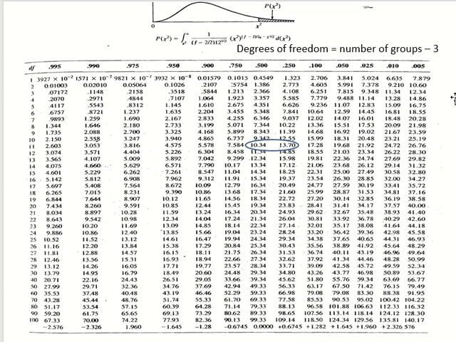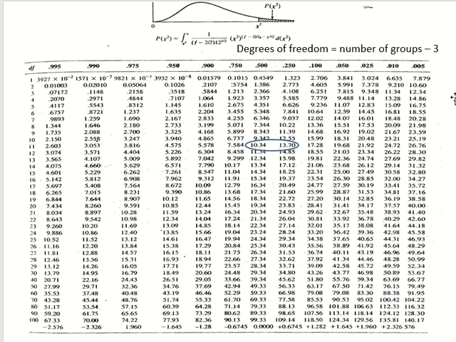Now I selected the degrees of freedom 11 because I had 14 groups minus 3. Now what is my chi-square value? 11.6669. So I will come in the 11 row, and I will see where I am. I am between these two.